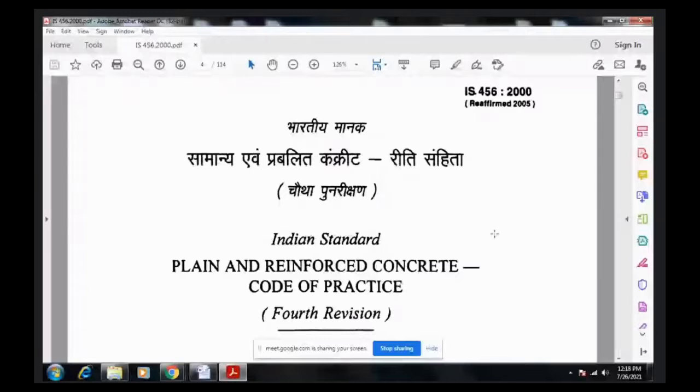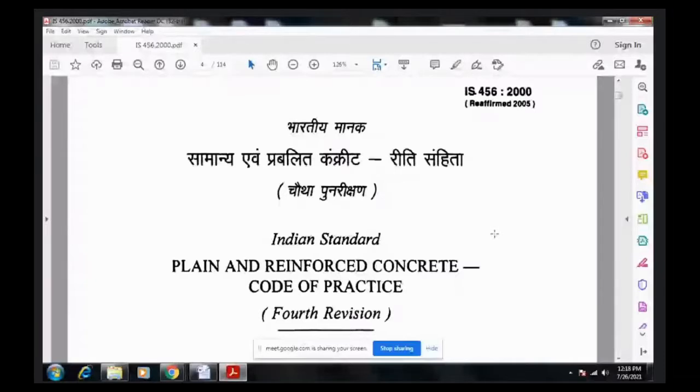There will be longitudinal bars at the top along this span, and there will be some, which you can say, a kind of rectangular ring, and you have to recommend what will be the diameter of those bars.